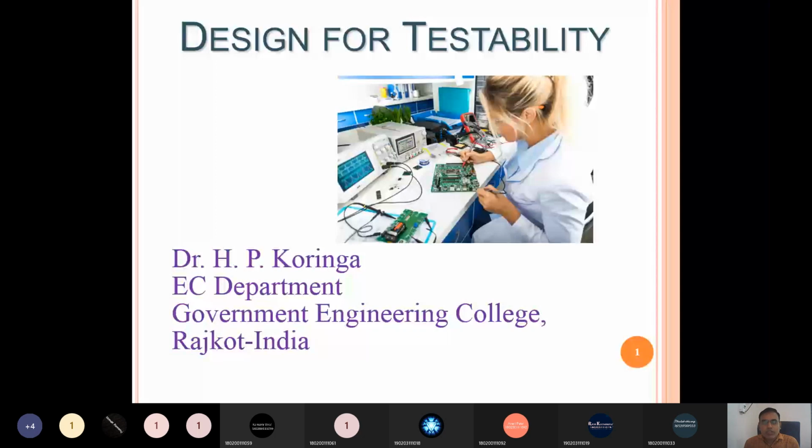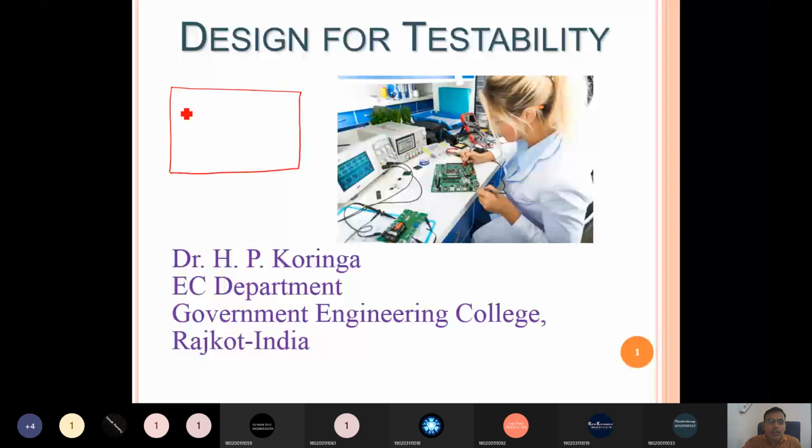Controllability is a measure of the difficulty level to set any internal node at a particular logic level. Suppose I have a design, one black box, one chip.